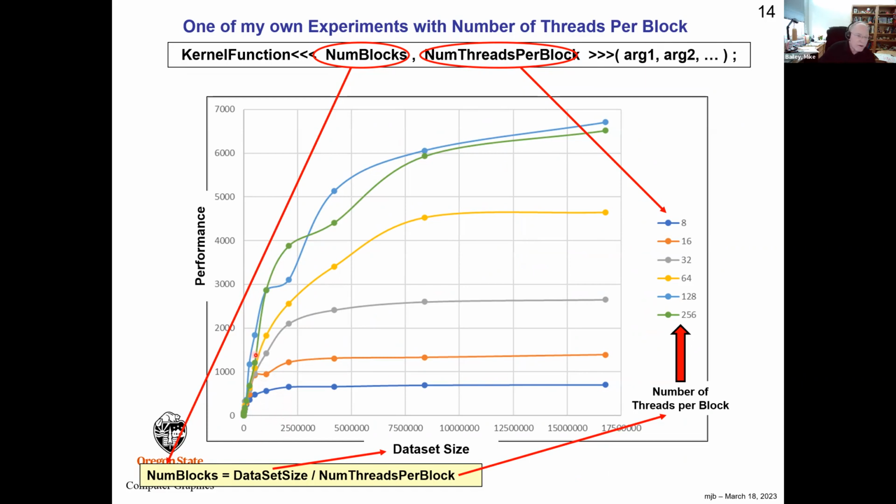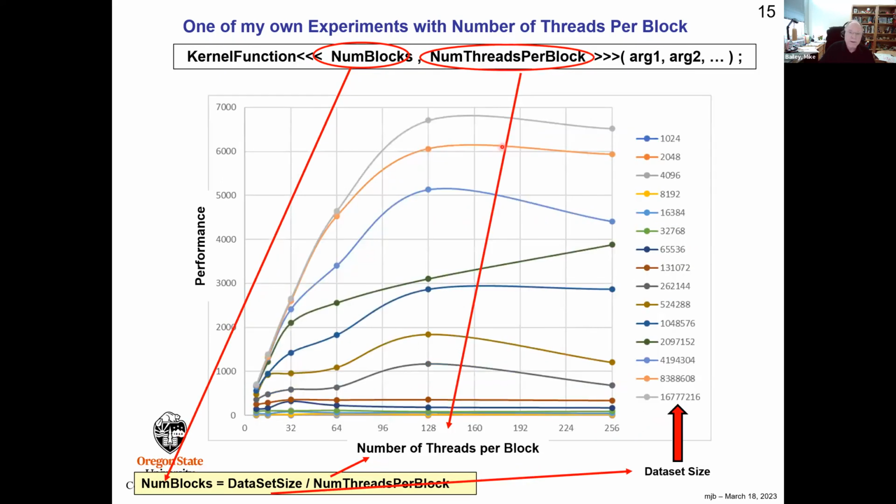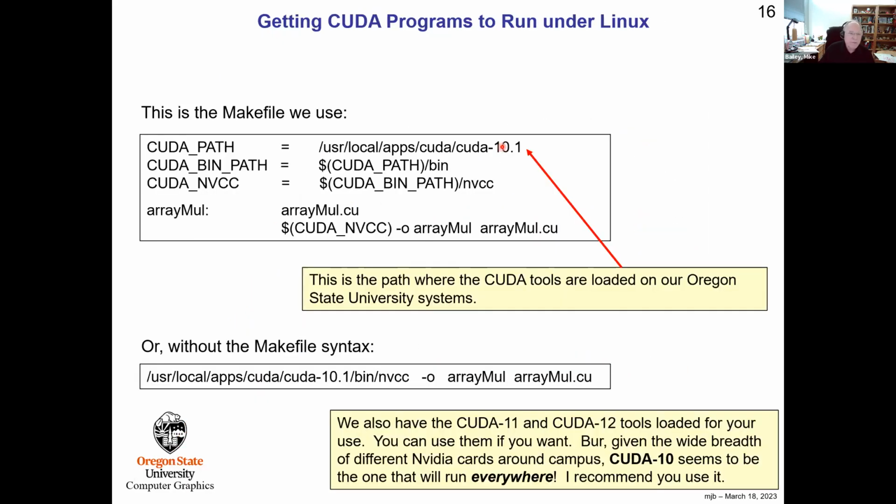And so if you've got a small data set size, you're not going to end up with great aggregate performance. You can see here where we've got enough threads allocated that as you increase the data set size, your performance, millions of multiplies per second, increases quite a bit. Okay, so this is how you think about assigning numbers of threads per block.